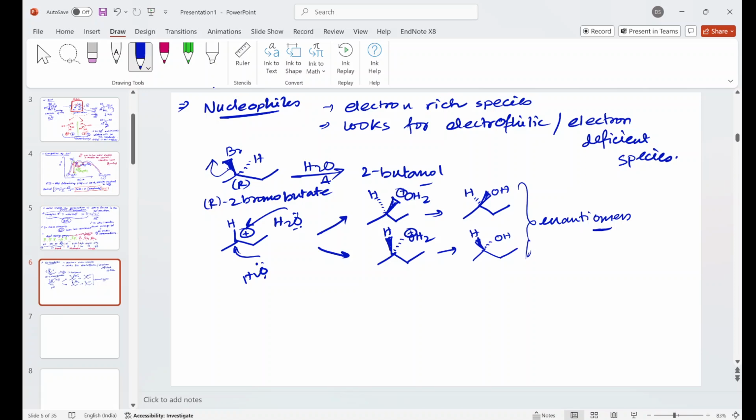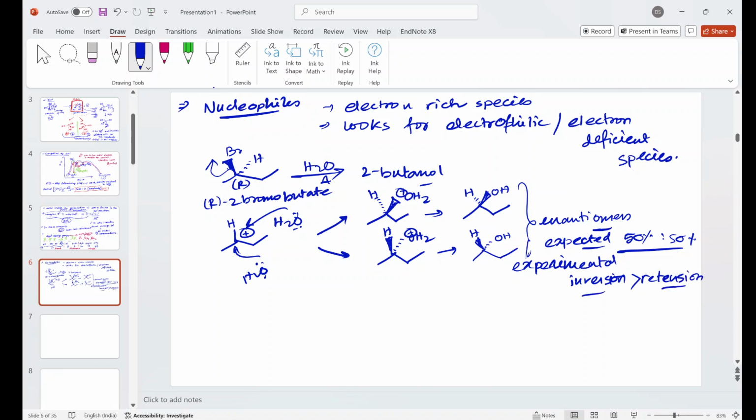Although the expected result is a 50-50 mixture, generally inversion is more than retention.